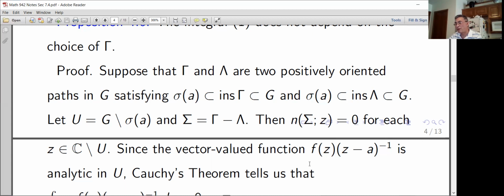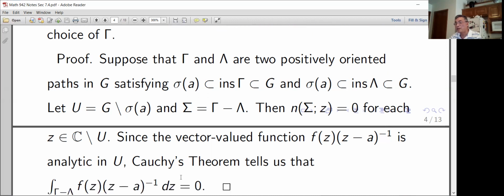Now, the vector valued function is analytic in U. It is not analytic on sigma of A, but sigma of A is removed here. So this is an analytic function in U, and this path has winding number 0 with respect to z for every z outside of U. So by Cauchy's theorem, the integral is equal to 0.